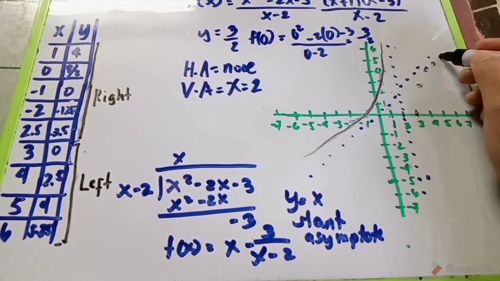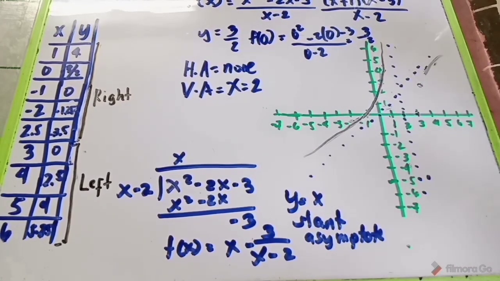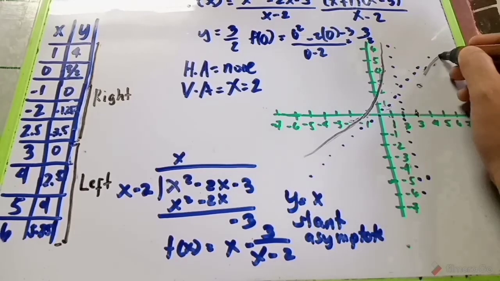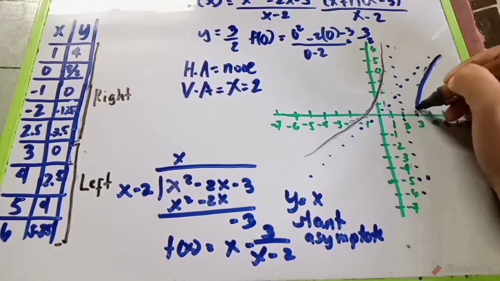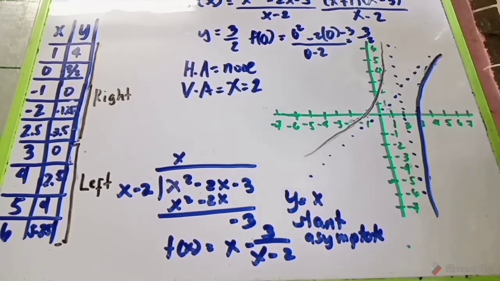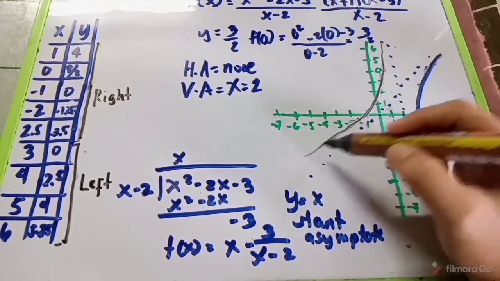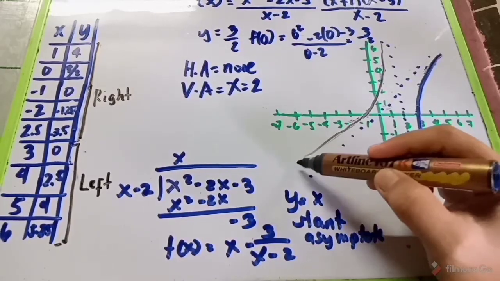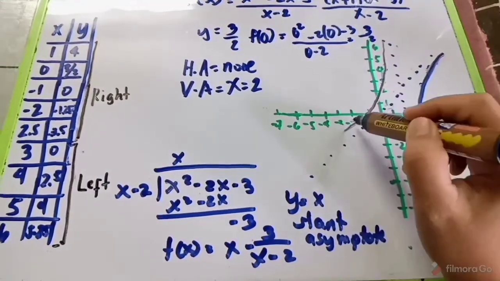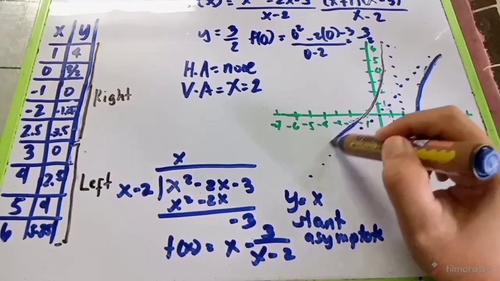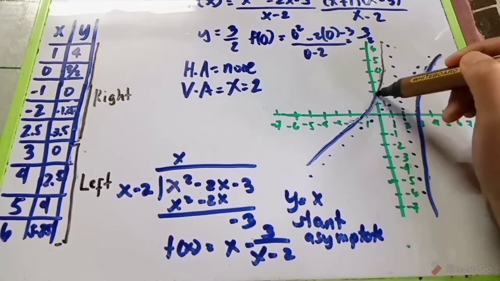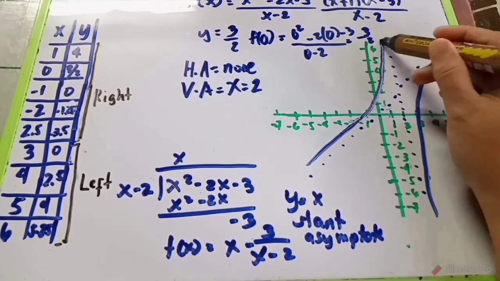And we will graph. So let's have a nice marker pen. And then follow. Okay, and the other one. So this will be actually this one. We just only highlight.